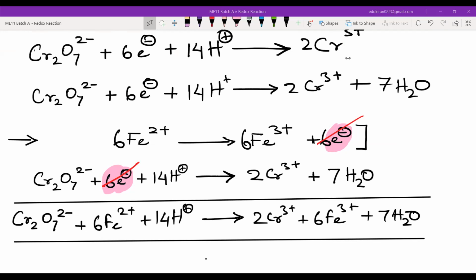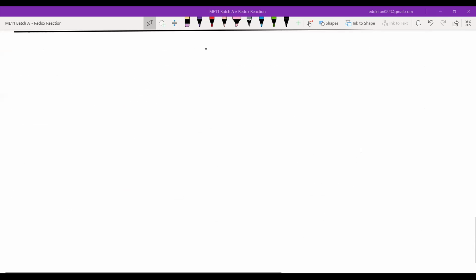Write another question. We have to balance Cr(OH)3 plus IO3 negative, giving me I negative plus CrO4 2 negative, in basic medium.